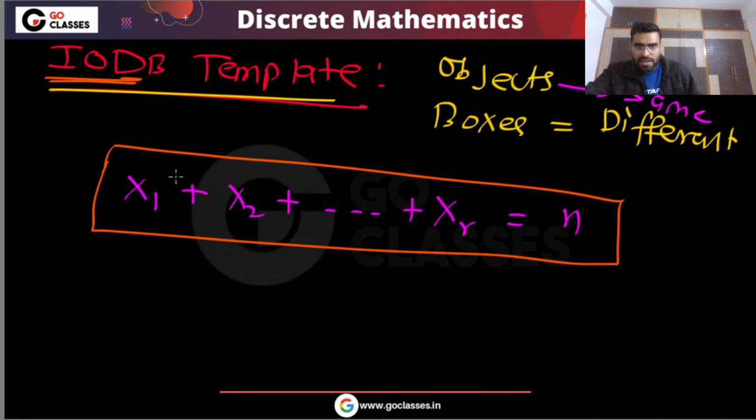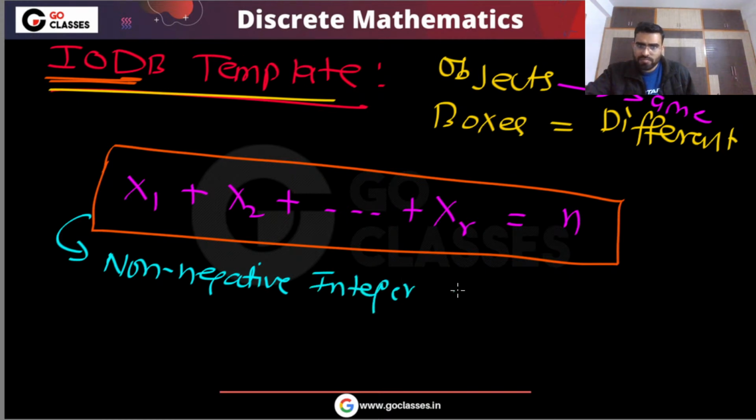In any problem they give you in the GATE exam, if it follows this template, with variables x1 plus x2 plus xr equal to n, you can apply it.